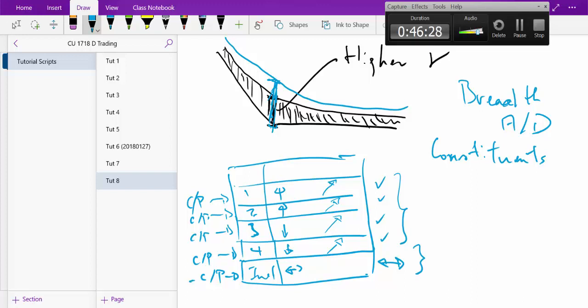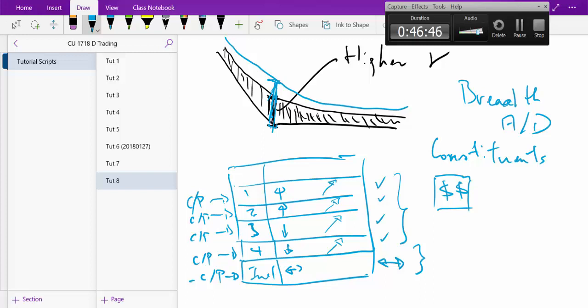Now, as I said just now, you actually have to pay for it. So this strategy is going to cost you. How much do you pay? How expensive actually is it?